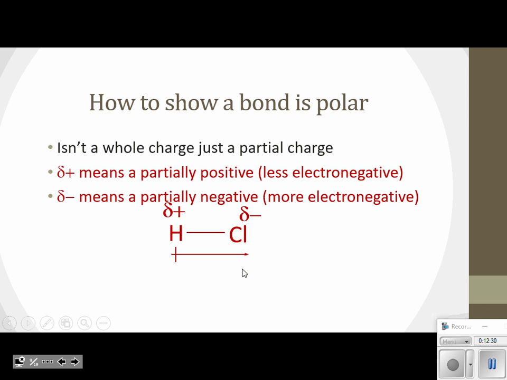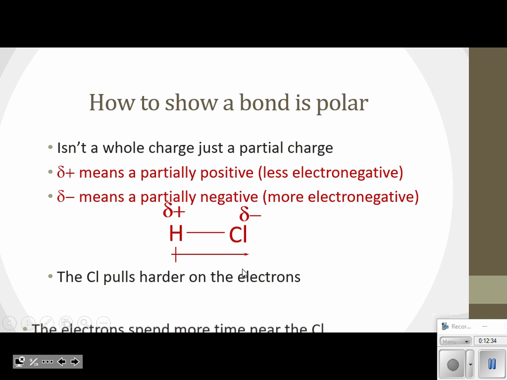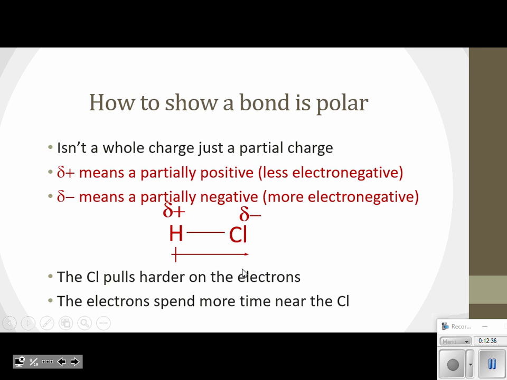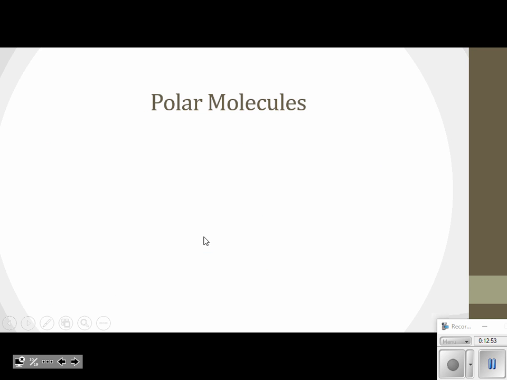And once again, the partials. So these electrons are pulled more to the chlorine than they are to the hydrogen. And remember, we're only talking about this shared pair of electrons, not the unshared pair, the shared pair of electrons.